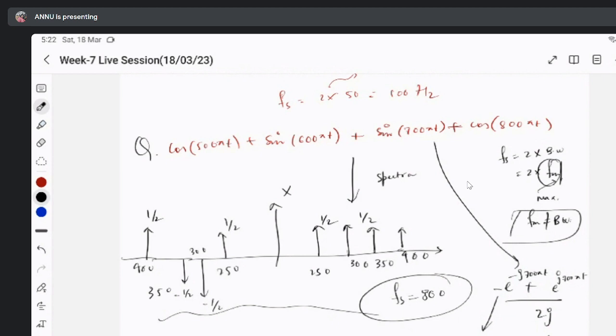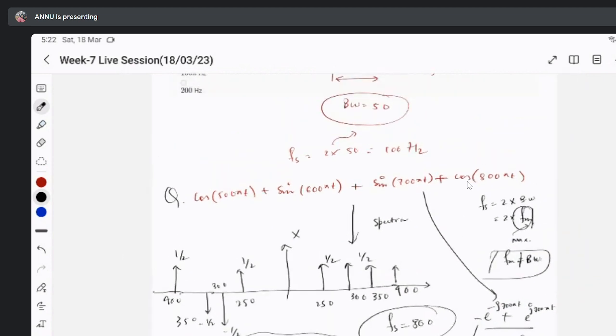And here only the magnitude spectra is there. With j, we don't consider it in the magnitude spectra, since the magnitude of j is 1, right? So you will have Fs equal to 800.